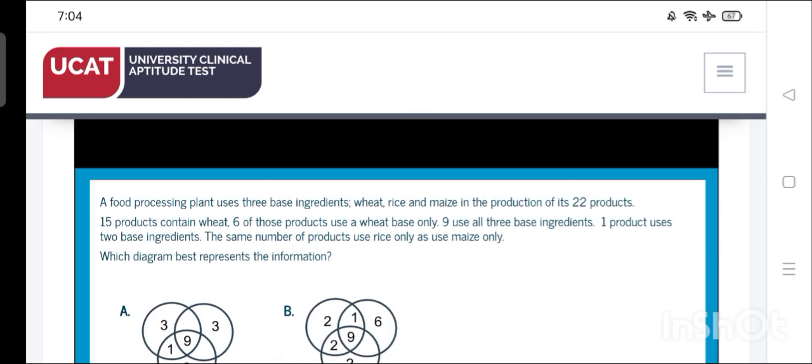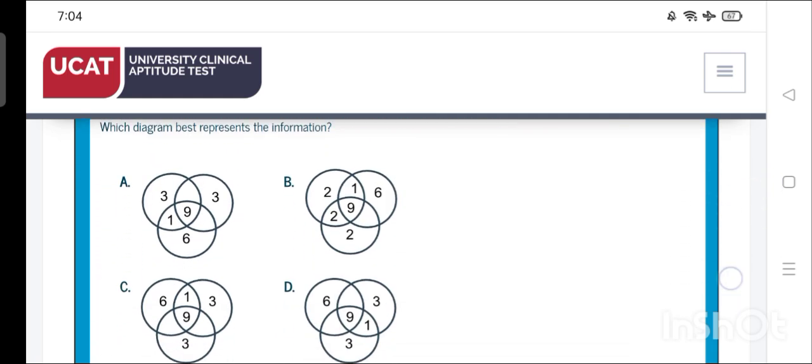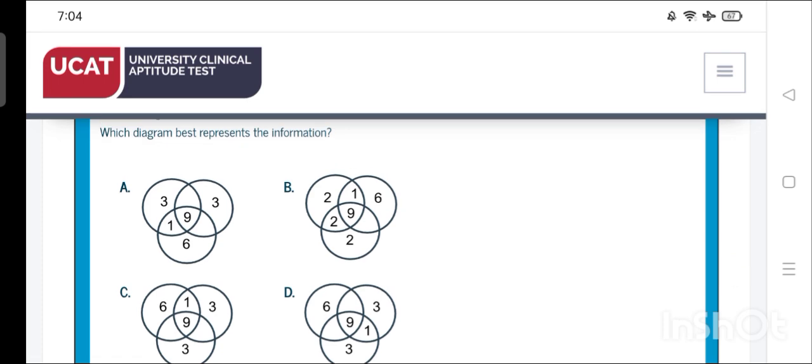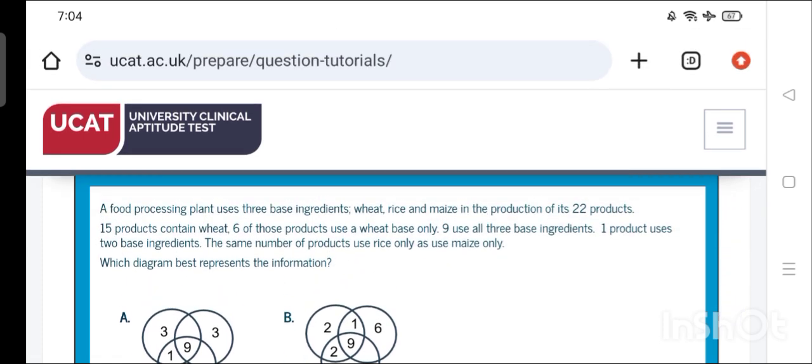So like this, we have a passage given and the Venn diagram is in the form of options. So the question is, a food processing plant uses these base ingredients, wheat, rice and maize, in the production of its 22 products. 15 products contain wheat. 6 of those products use a wheat base only. 9 use all 3 base ingredients. 1 product uses 2 base ingredients.